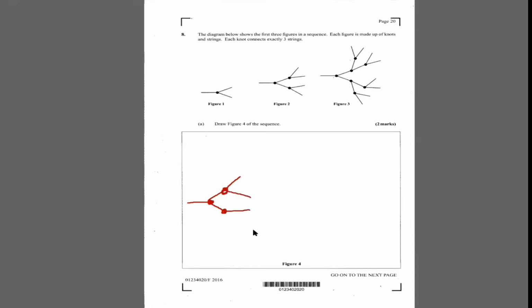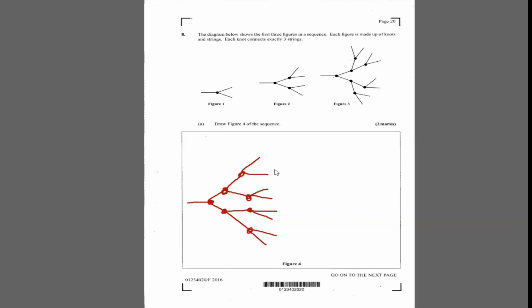For figure 3, you put on 2 more dots and then connect 1, 2, 1, 2. Here you do the same, 1, 2, and here you do the same, 1, 2. This would be figure 3.